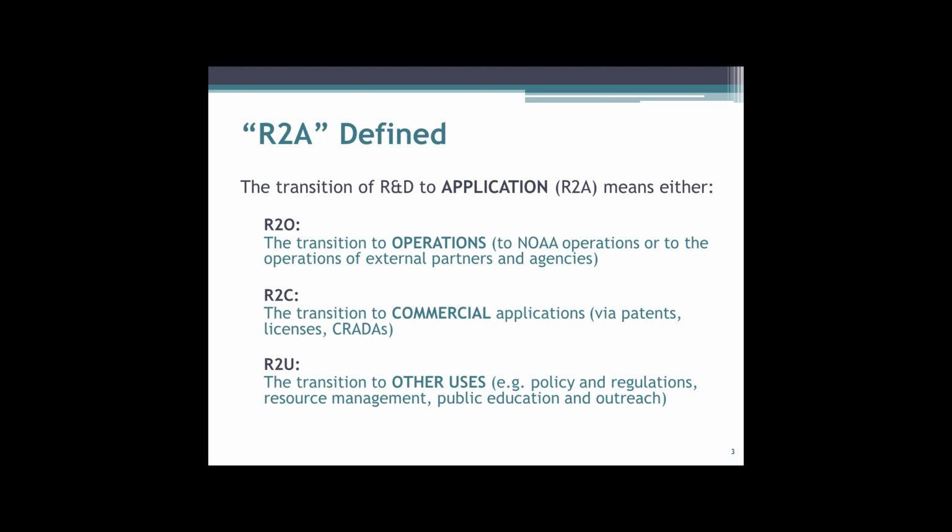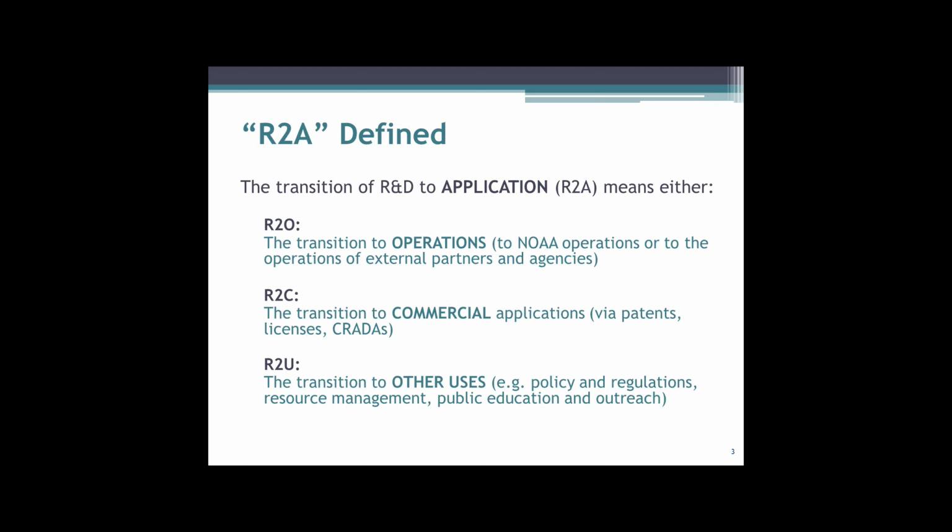And this is to allow for the space that is actually pretty active if you talk to other parts of the agency, where research and development is done for the purpose of informing policy and regulations and resource management.